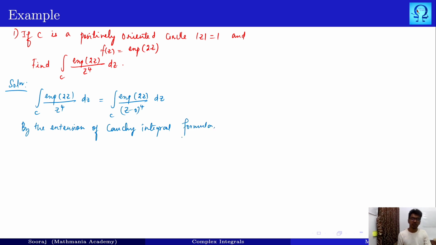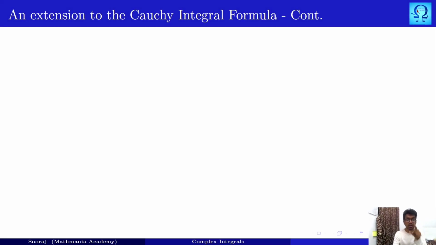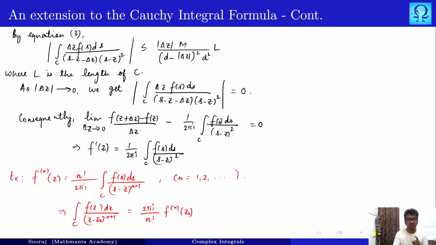what we have is that this integral is, so we have to consider this as n plus 1. In the integral what we have is (z minus z naught) to the power n plus 1, so we take it as that. Here n plus 1 is 4.